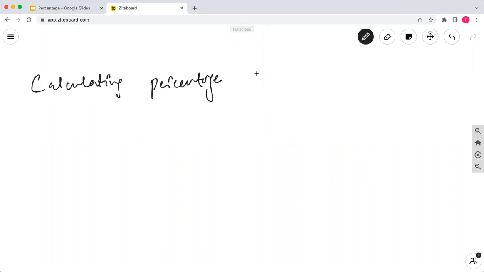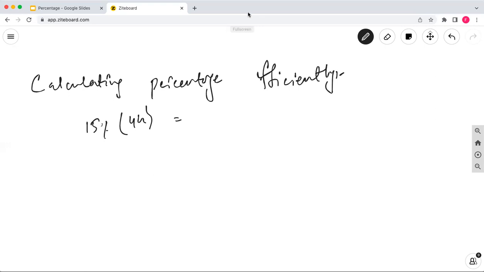Now let's see how we can calculate a percentage efficiently. For example, if I ask you to find 15% of 44, how will you find this without using the calculator?